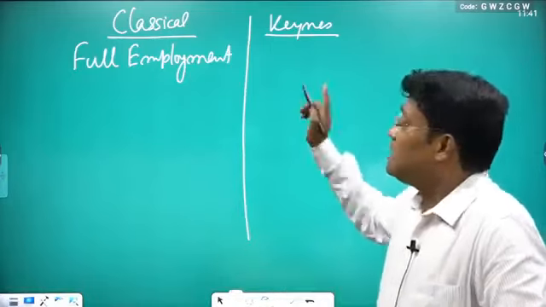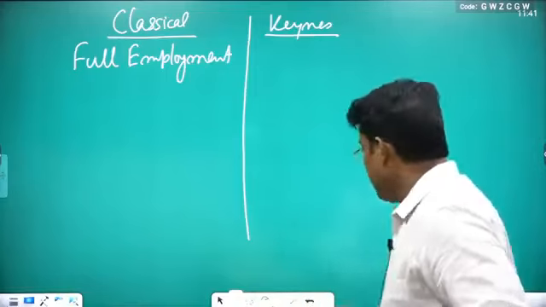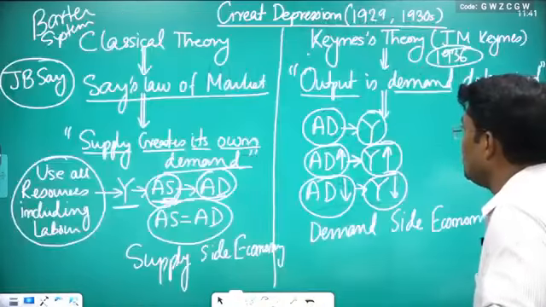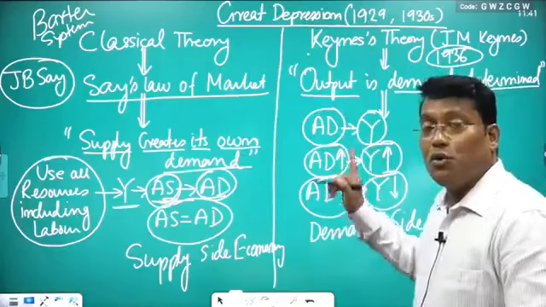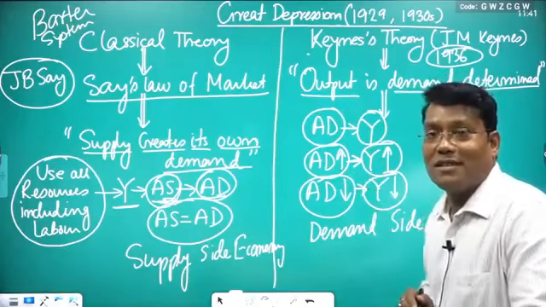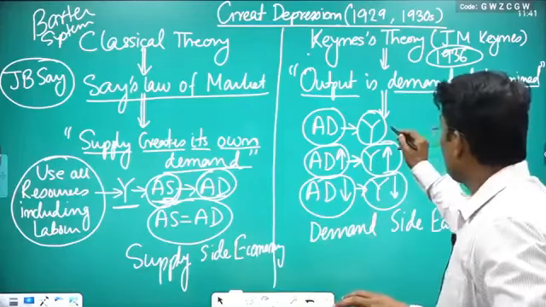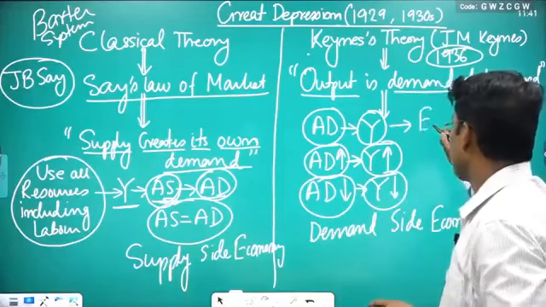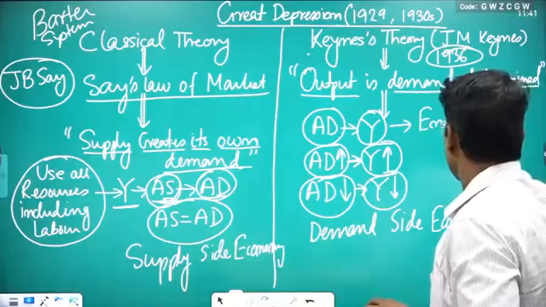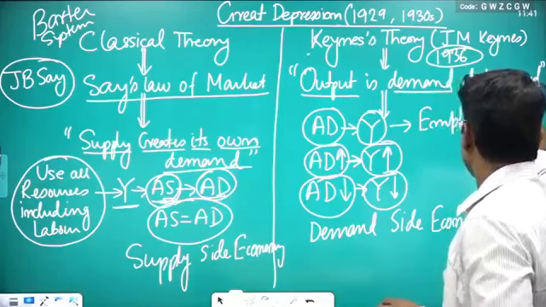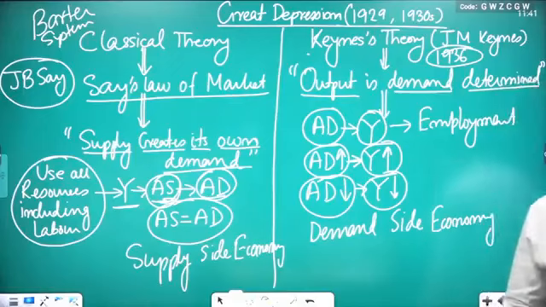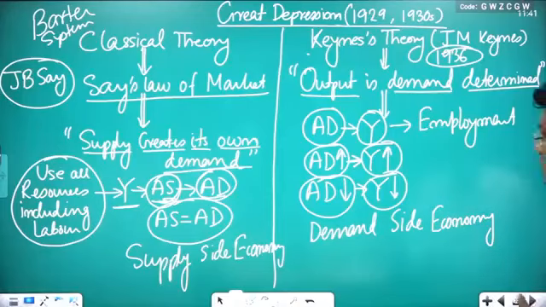But what is in the Keynesian theory? In Keynesian theory, as we have discussed, aggregate demand is going to decide the output, and the level of output is going to decide the employment. How much you are going to produce decides the level of employment in the country.